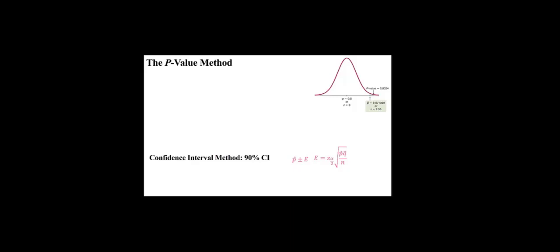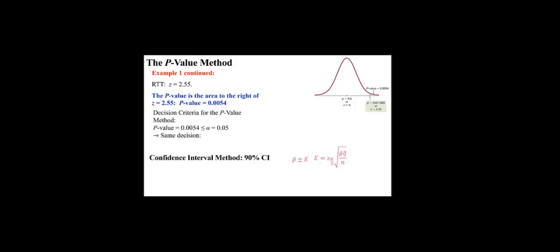So the p-value ends up being 0.0054. And because it's less than alpha of 0.05, you reject H0 and you continue writing exactly the same decision as the previous one. You do write the same steps. Obviously, this is not finished, but I just want to show you the difference in that particular step.